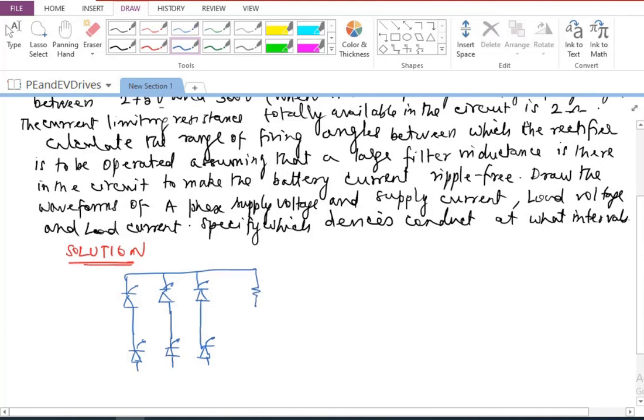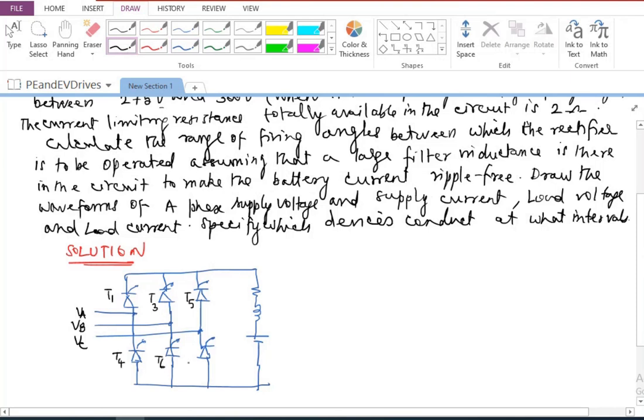And we have R, L, and the battery. And battery is given to be... so this is VA, VB, VC, this is T1, this is T3, this is T5, this is T4, T6, and T2. So these are the thyristors that we have drawn.